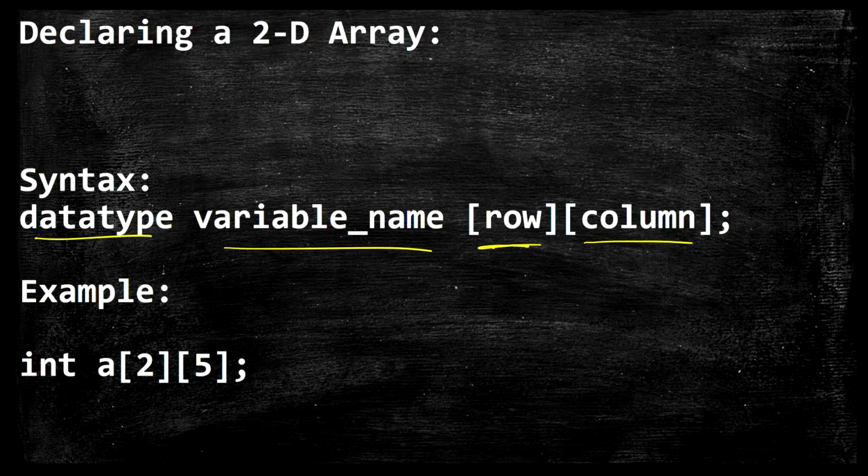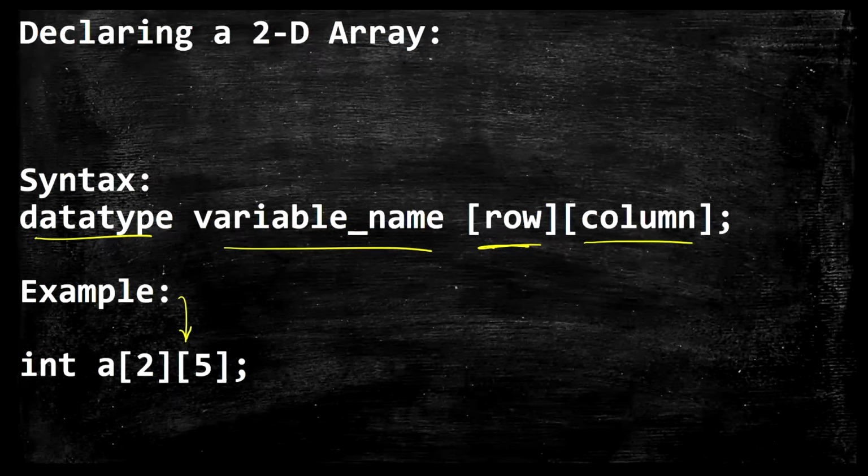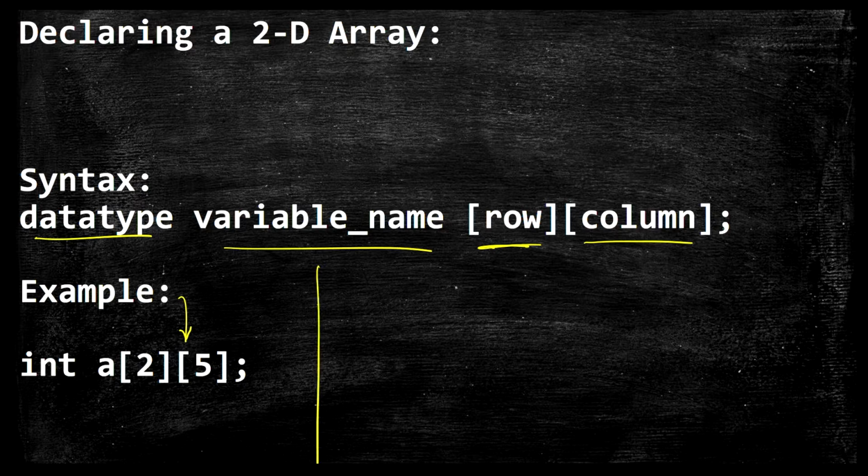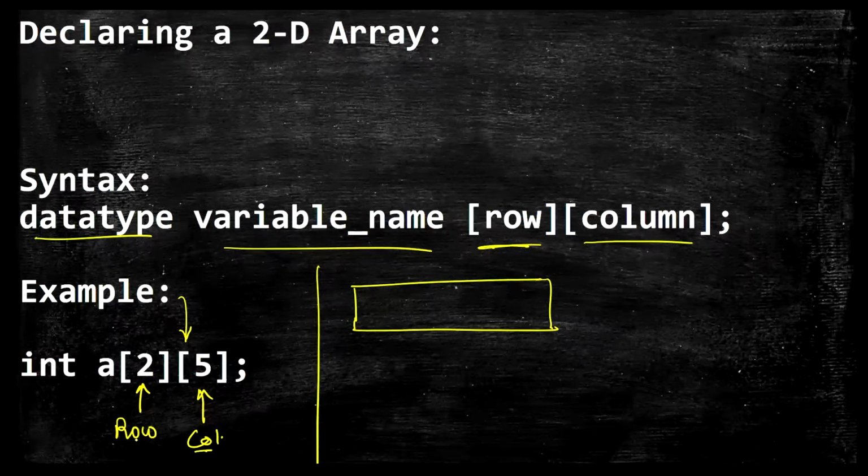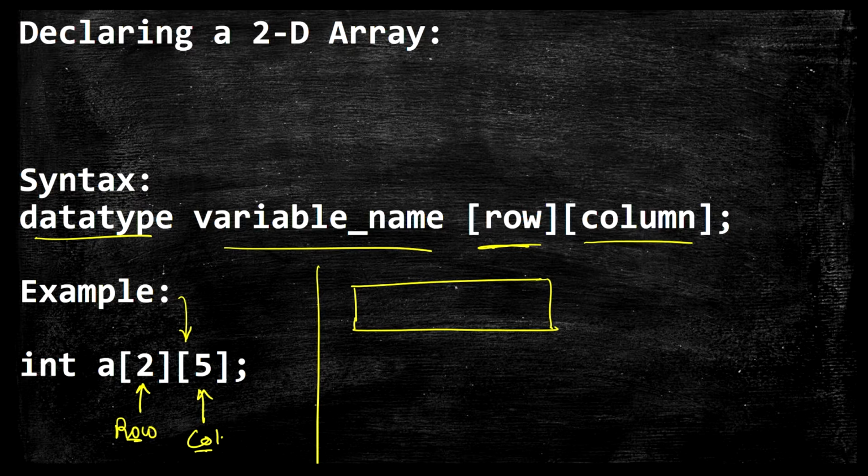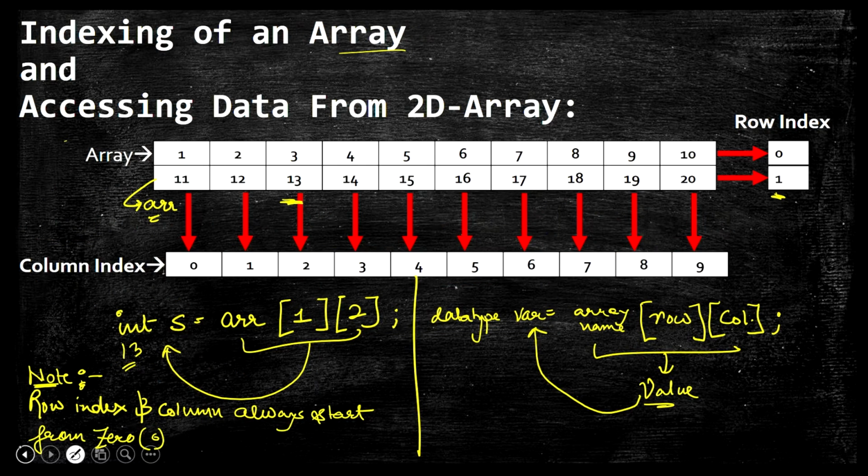Now suppose we consider this example, int a equal to 5. What will this line do? This line will make the compiler assign spaces in the memory. How will it assign spaces? This is the requirement of rows, and this is the requirement of columns.